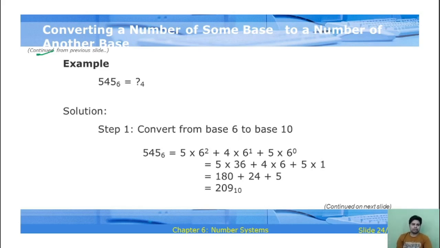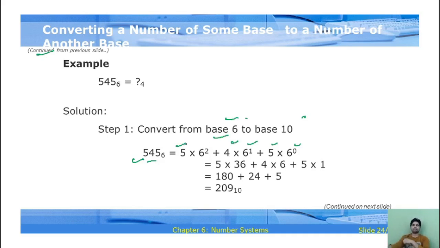So the solution is this. Step 1, converting from base 6 to base 10. How will you convert from base 6 to base 10? For 545, the place values are 6 to the power 0, 6 to the power 1, and 6 to the power 2, for the first, second, and third digits.